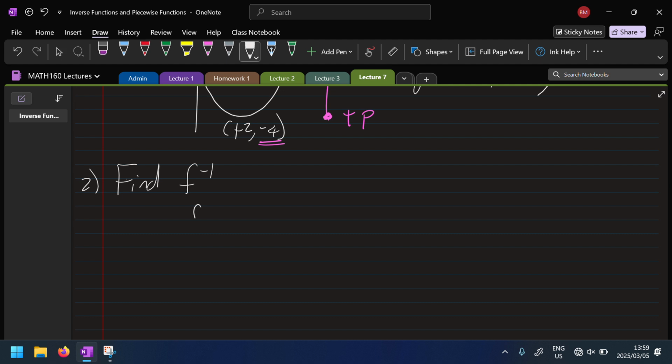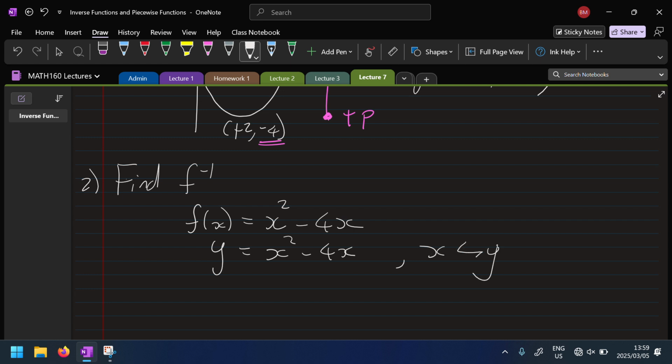Okay, so we're going to have f of x is equal to x squared minus 4x. And we have y is equal to x squared minus 4x. Just putting the y there makes it a bit easier because the idea is to solve for some function of y. Okay, little trick. I don't know if you did this in high school or not, but we swap x and y.